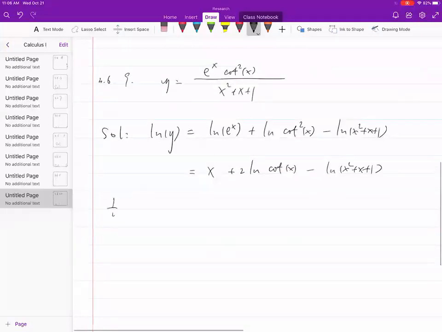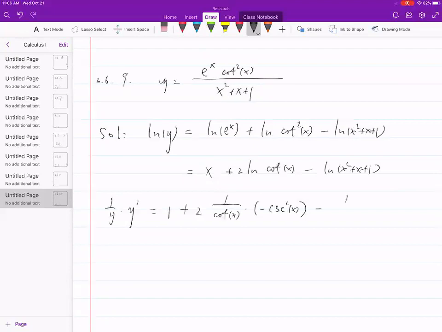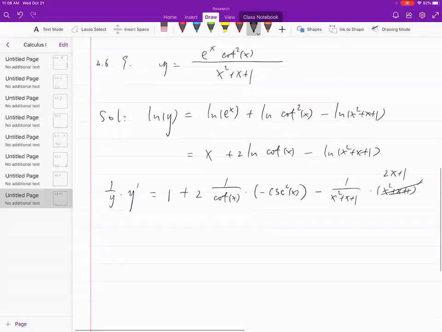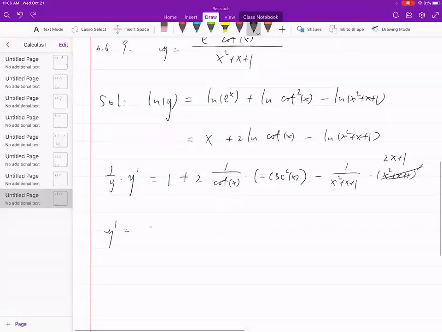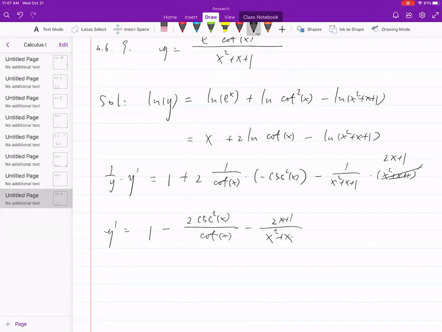Then we will take the derivative. So finally, y prime, I'm going to simplify this one a little bit, minus 2 cosecant square x divided by cotangent x minus 2x plus 1 divided by this times y.